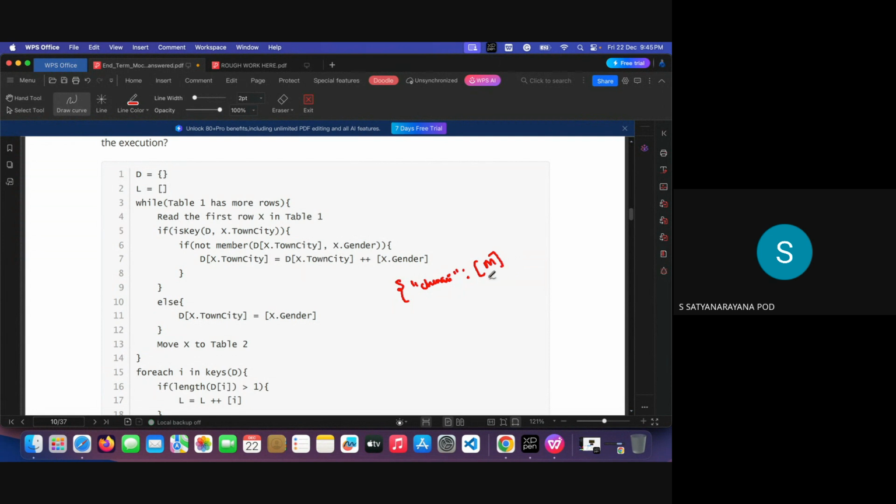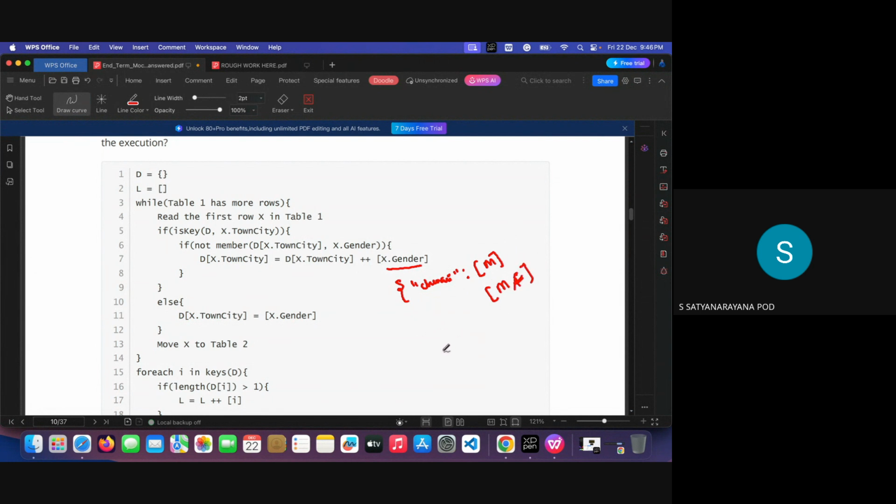If male is not there, we add it. If male is already there, we don't do anything. Now, if another student is female, the town or city is the same but that gender does not exist yet, so the non-existing gender, female, is added. For the existing city we are trying to add a new gender, so for this male, another student of female is added.